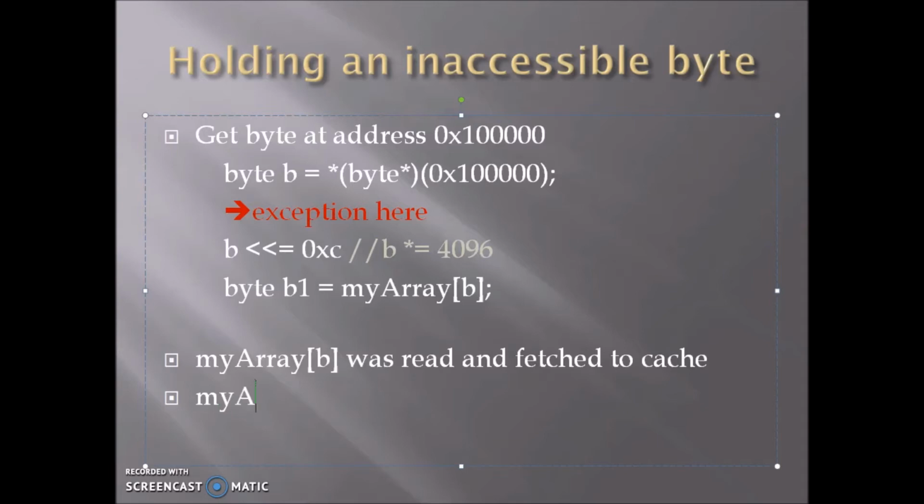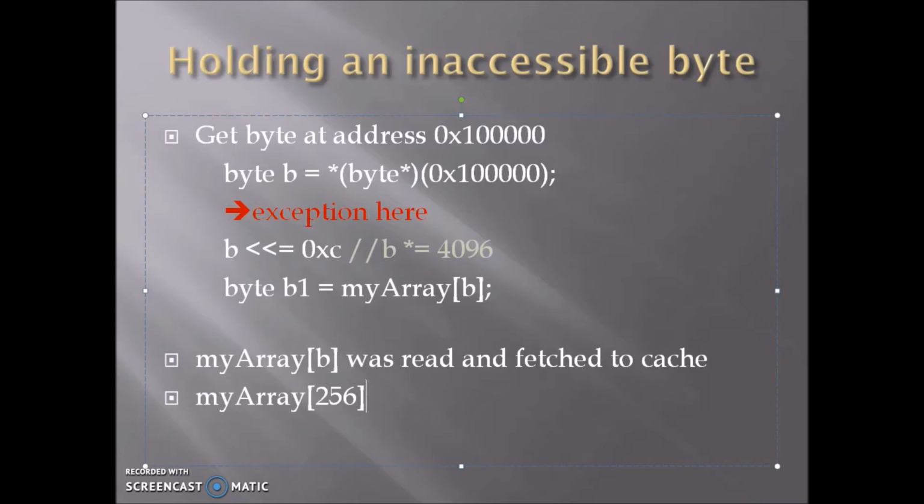Let us assume that our array contains all possible values that are represented by a byte, meaning 256. And we only read the index which is the value of the memory we just read.